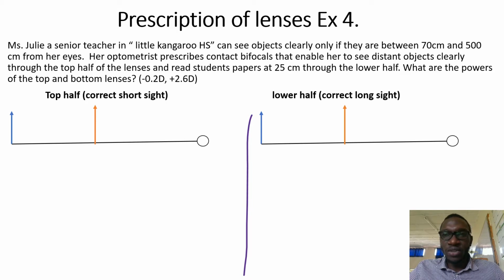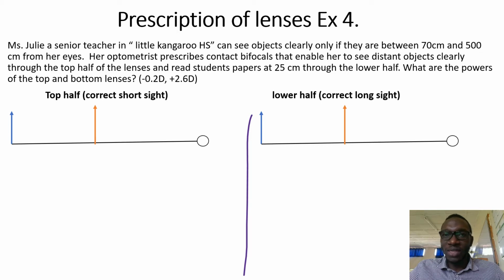Here we see that if Miss Judy can only see between 70 centimeters and 500 centimeters, it means that she's both short-sighted and long-sighted. She cannot see beyond 500 centimeters, meaning that's the far point, the farthest she can see, and she can also not see below 70 centimeters, implying that is the closest that she can see.